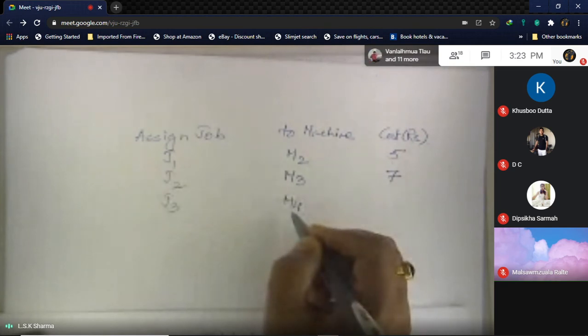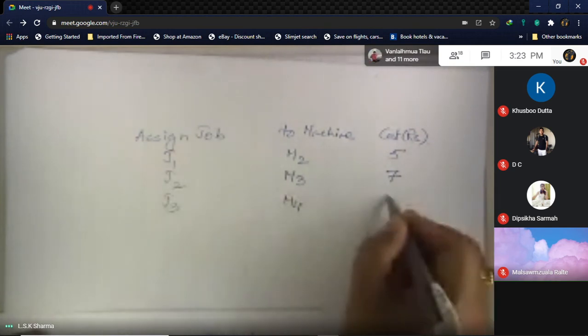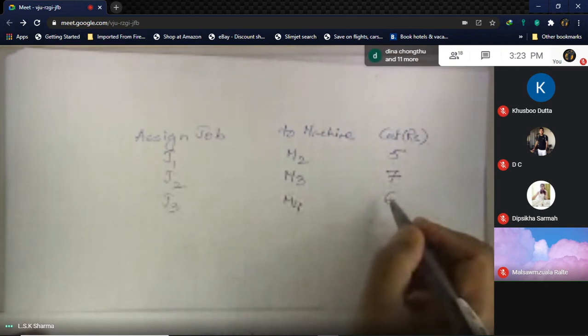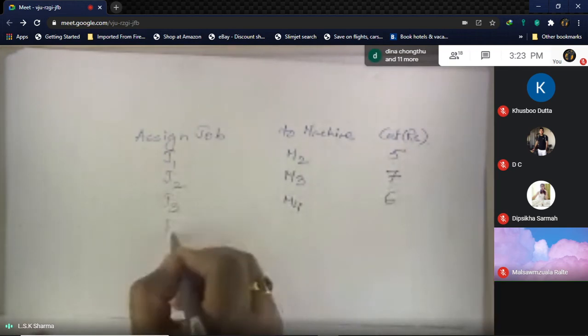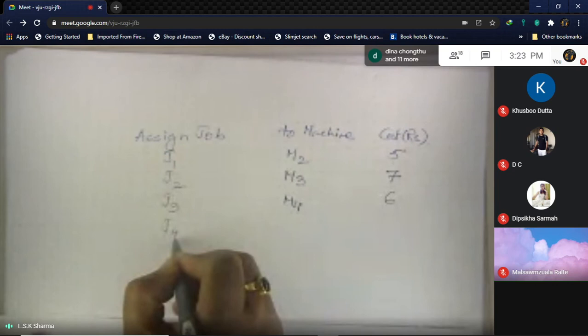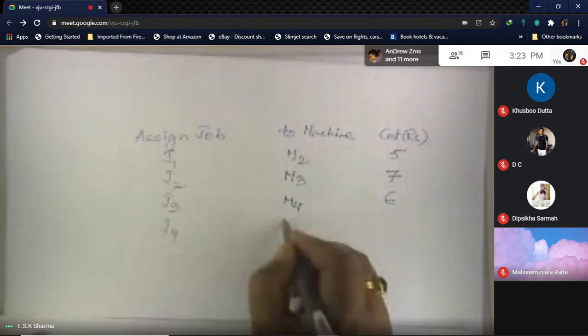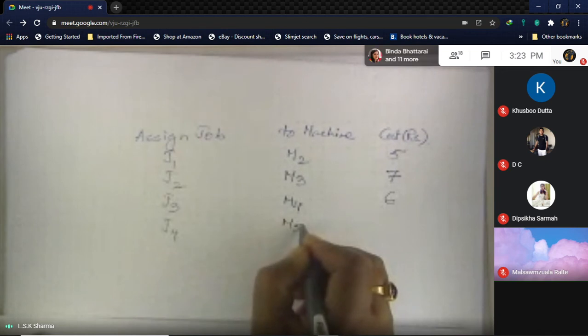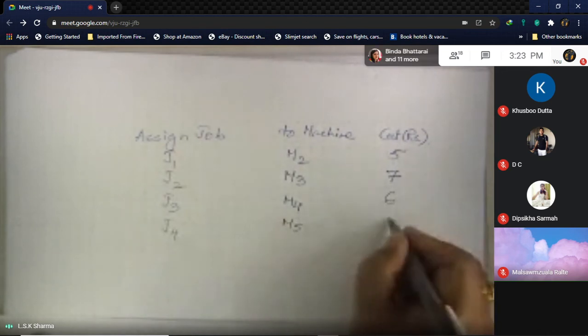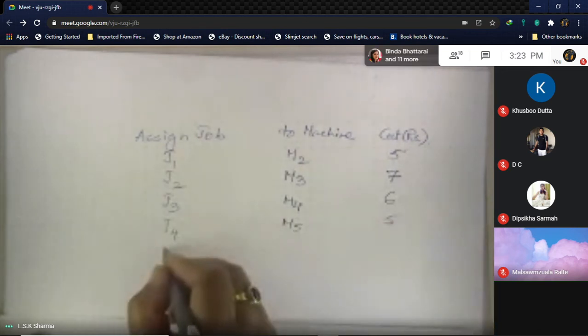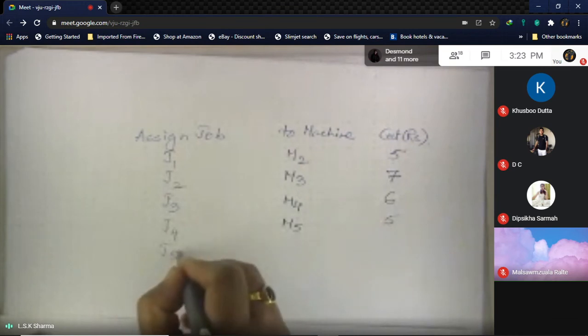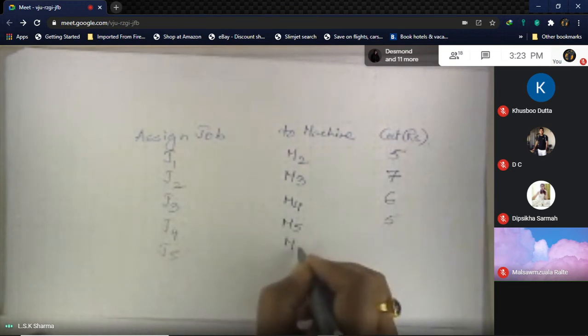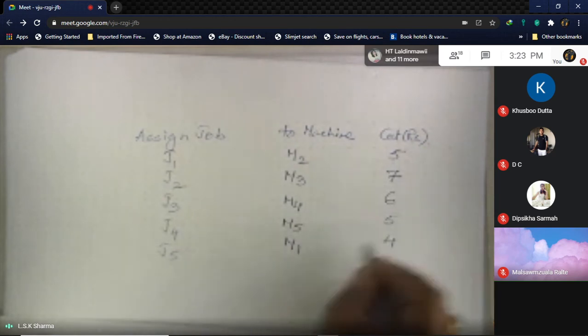M4 cost is 6 rupees. Okay. Then job 4 is assigned into M5. And what is the cost? 5 rupees. And job 5 is assigned into M1. And the cost is 4 rupees.